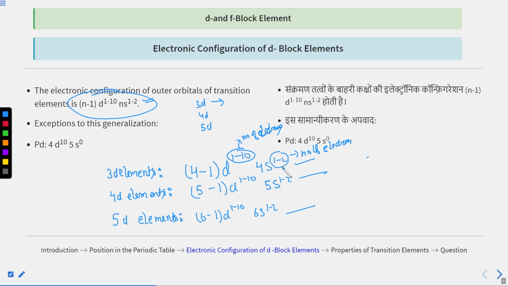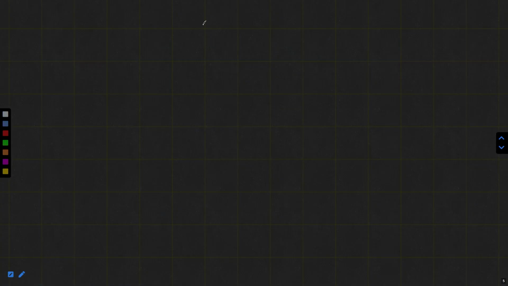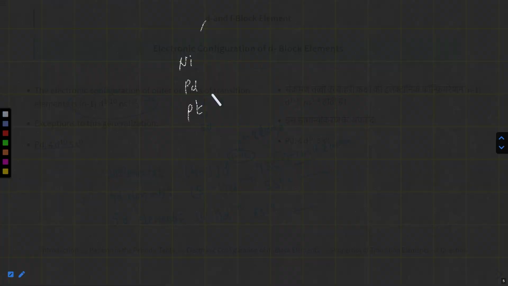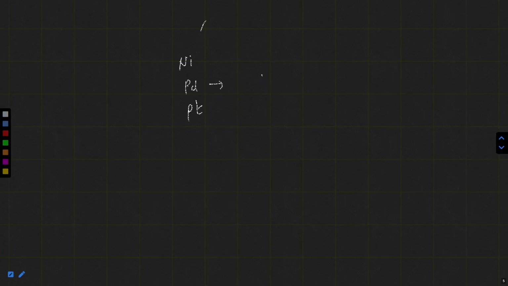Now there is one exception, so that is the reason I was saying from 0 to 2. So let us keep that as the exception. That is for palladium, which falls in the Ni, Pd, Pt group. So what is the electronic configuration of this? It is 4d10. The outer electronic configuration is 4d10 and 5s0.